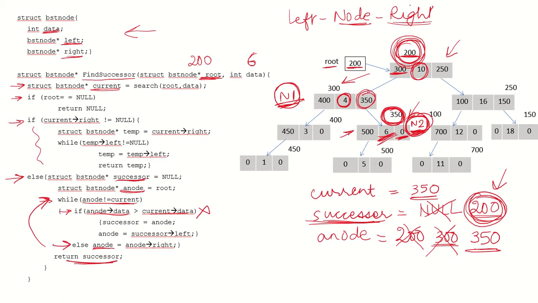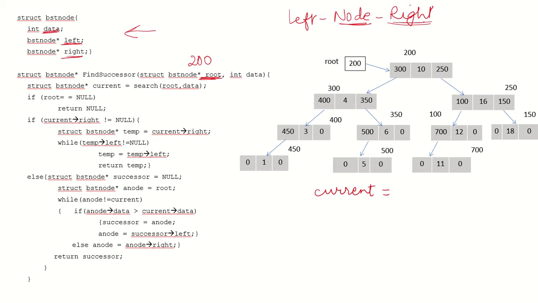Now let's take another example. Now let's take an example of this data 3. Again we call the function search, which will find the node which is having this value. So current will have the value of the address of this node, which is 400. We'll check whether root is null, so we need not go inside this.